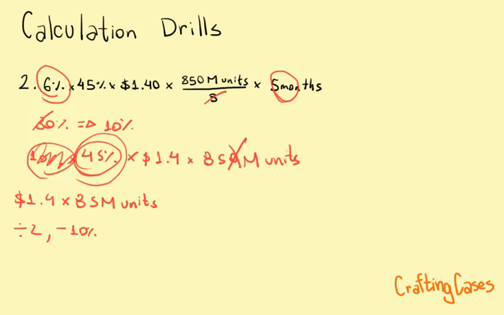Now, how am I going to reach 1.4 times 85 million? Well, I want to add 40% to this 85 million. What's 40% of it? I want to get 50% of 85 million minus 10% of 85 million.